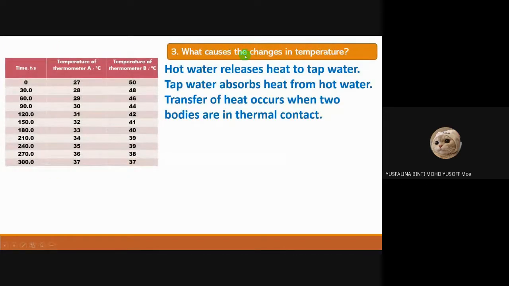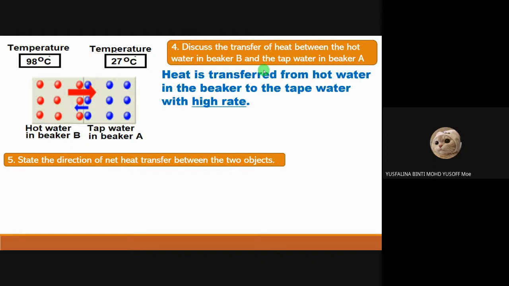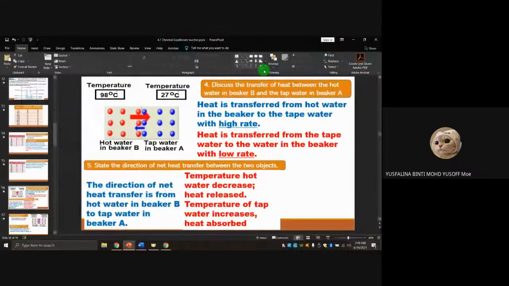So what causes the change in temperature? This one I already explained. Discuss the transfer of heat between the hot water in beaker B and the tap water in beaker A. The heat is transferred from the hot water in the beaker to the tap water at a high rate.